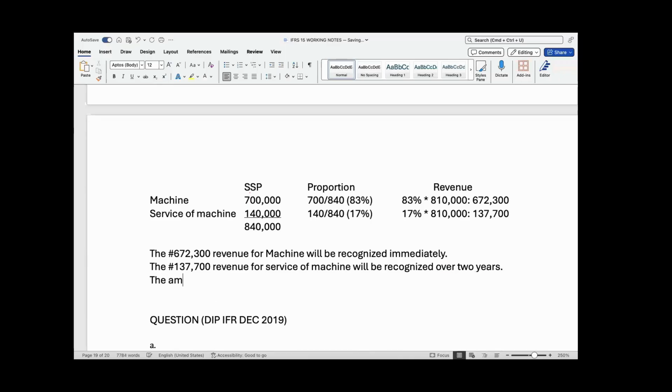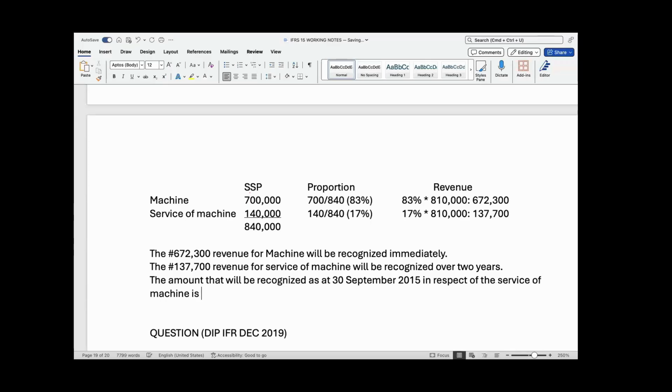So the amount that will be recognized as at 30th September, I think it's 2015, in respect of the service of machine is 1/24 of 137,700.